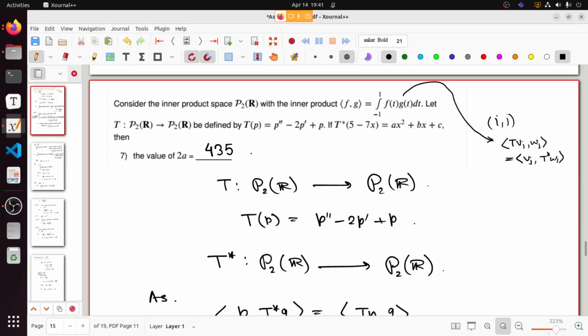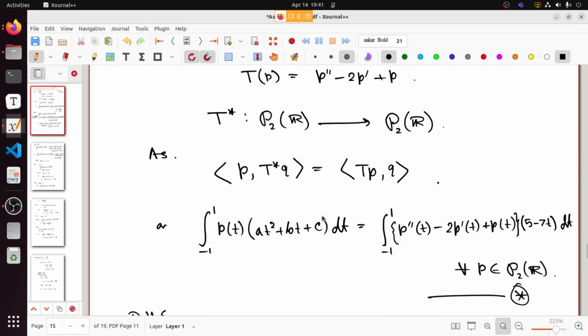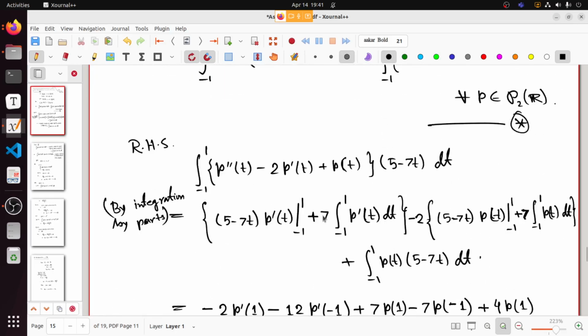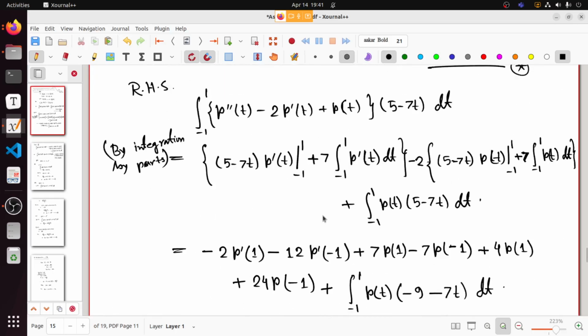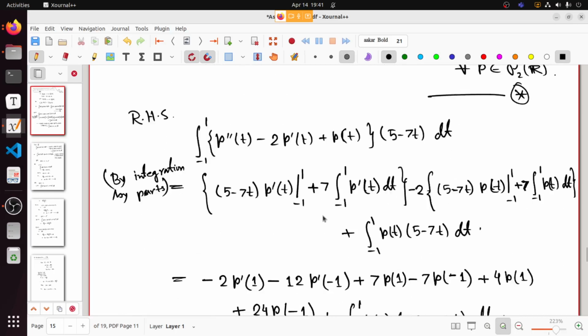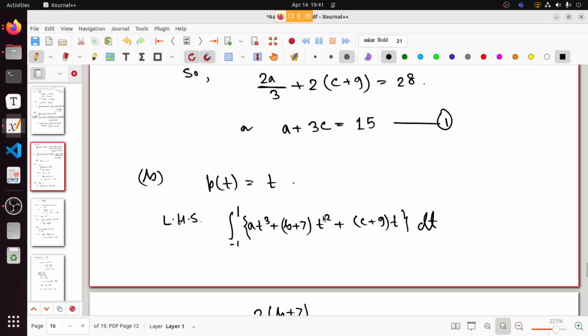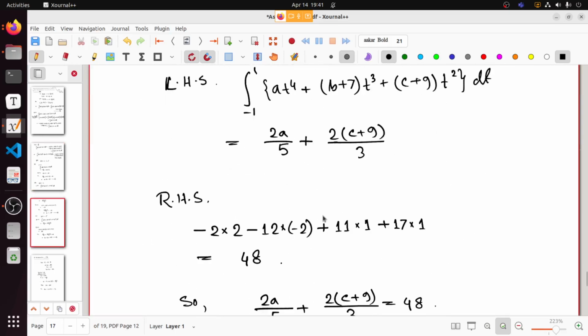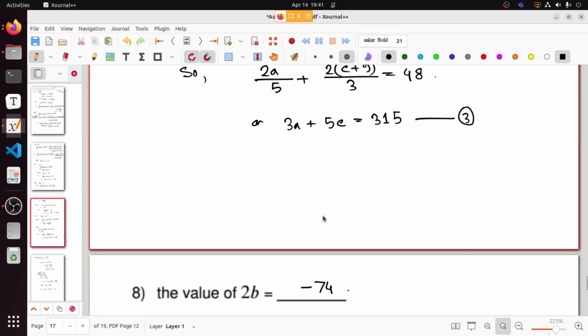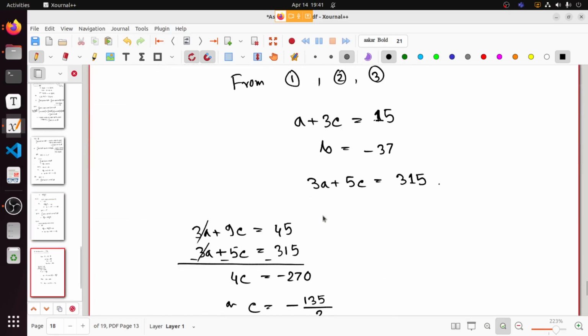So entry wise use the equality. Right? You will get this type of system of 3 equations by putting this, and if you solve you will get ABC. Just try it once, you will surely get it.